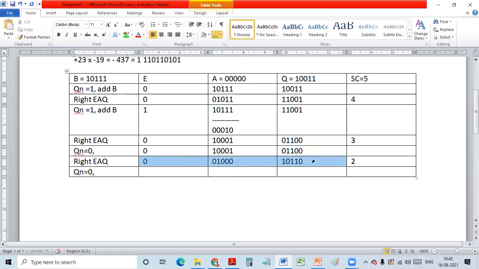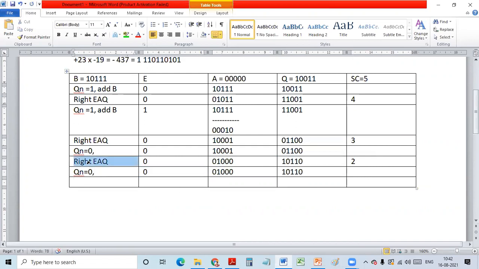Whatever is there here will result as it is. There is no addition, but there will be a right shift. So you have to do the right shift: 0, 0, 0, 1, 0, 0, 0, 1, 0, 1, 1. And then the sequence counter is reduced by 1.